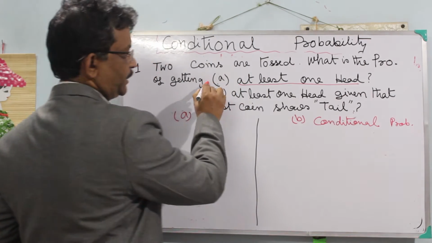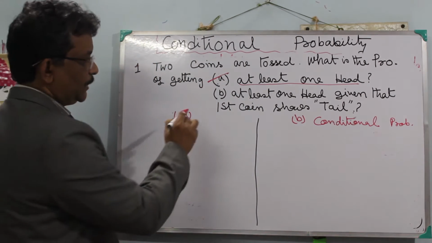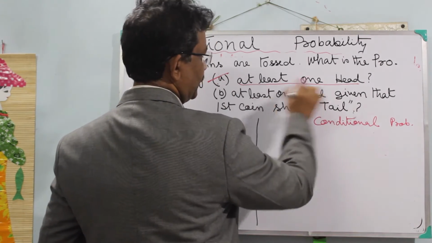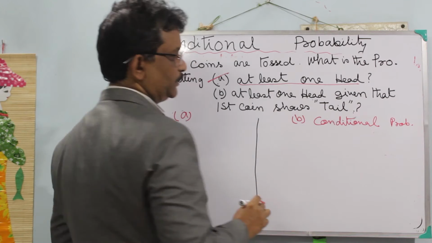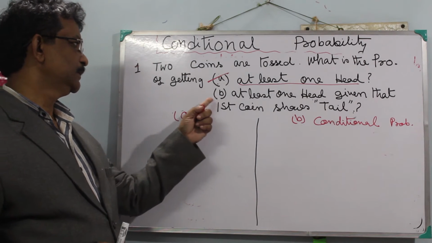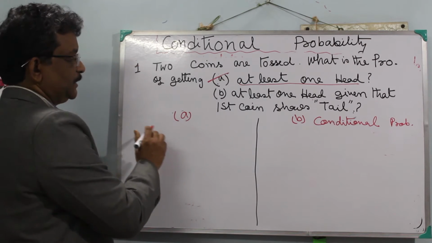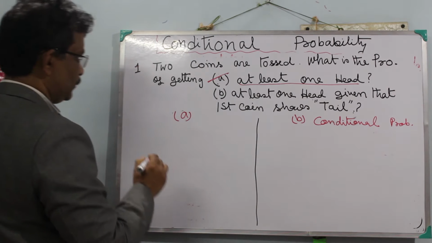This is the ordinary case. We have learnt this in class 11. And in part B, the same question, at least one head, given that the first coin shows tail. So this is from B, you will see conditional probability. First A: what are the outcomes if two coins are tossed?